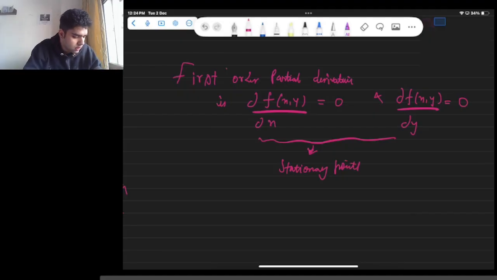I'm assuming that the points we get are interior stationary points, and let me write the interior stationary point as (x0, y0).